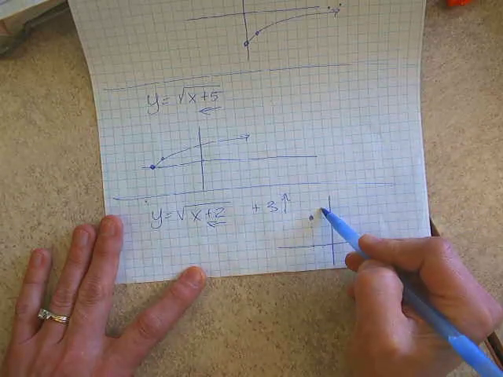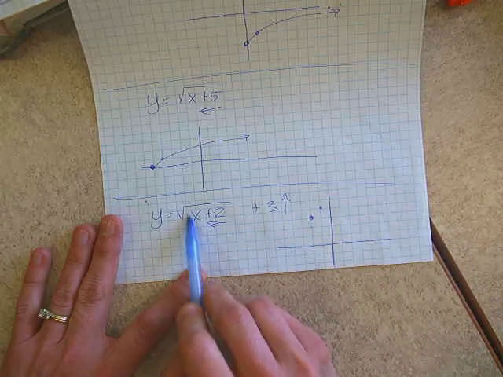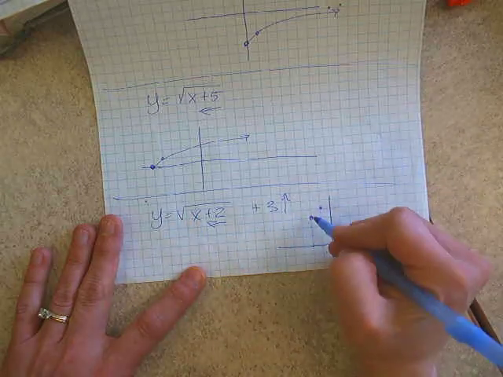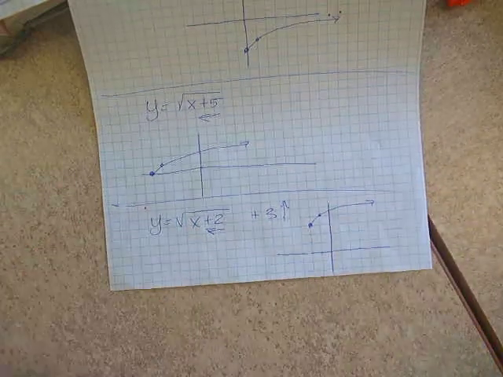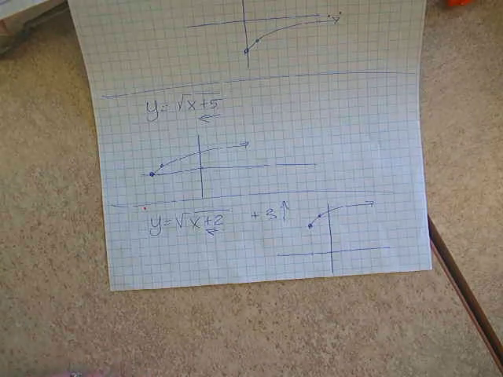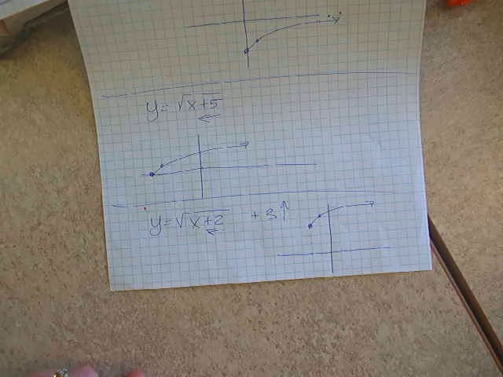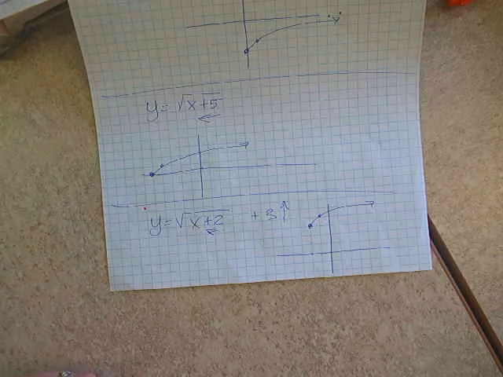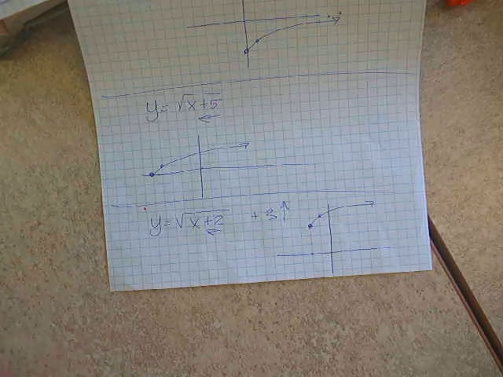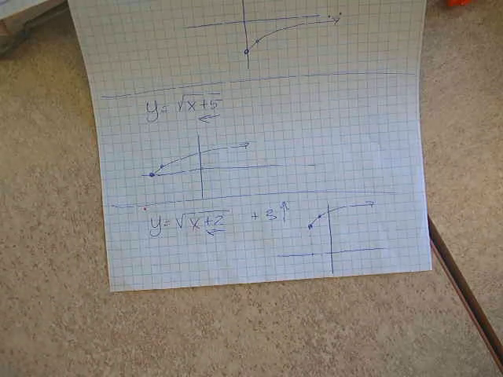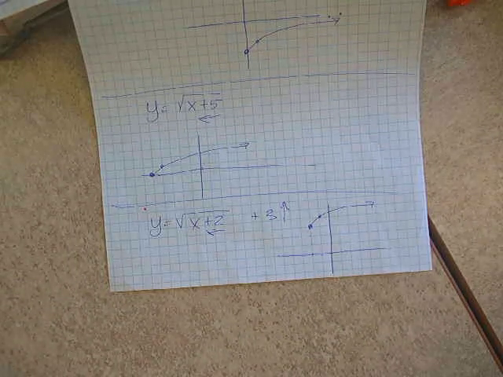So you're going to start at your origin. You're going to go left 2, up 3. That's your starting point. You're still up 1 and over 1 for these as long as there's nothing in front of that x, which there won't be. And then your curve comes in there.